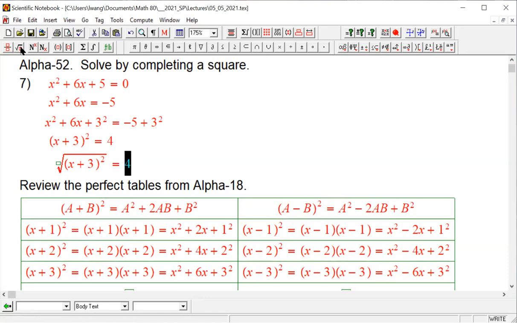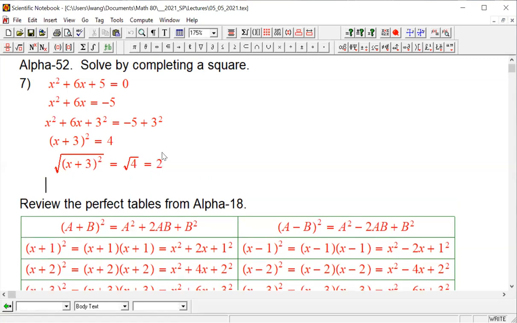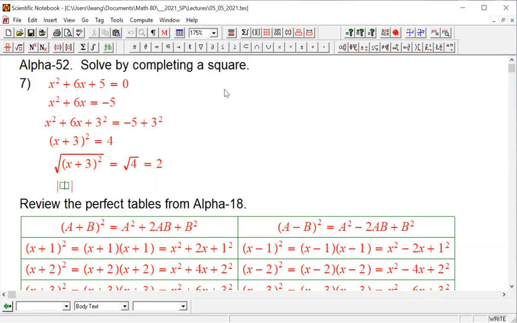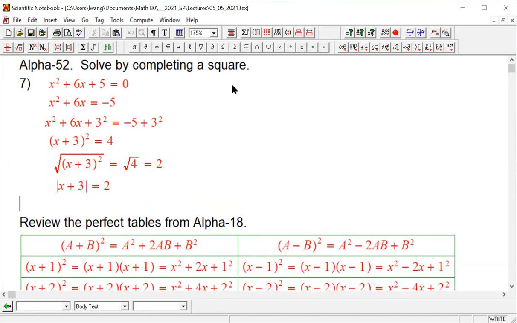Of course, the square root of 4 is 2, so we get the absolute value of x plus 3 equals 2. Solving this, x plus 3 equals plus 2 or minus 2.